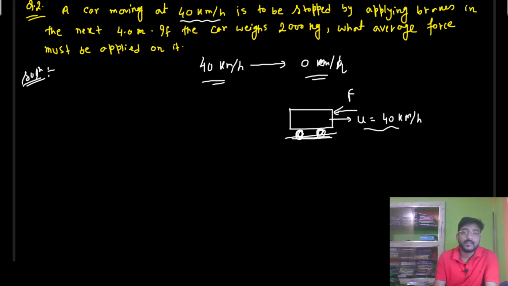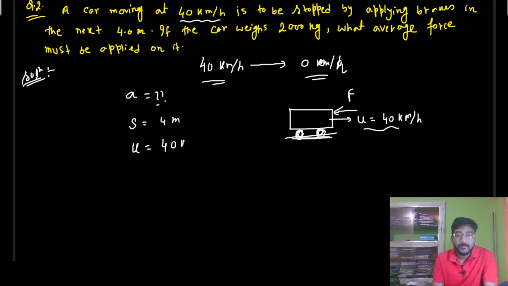So let the deceleration be a, and we need the relation between acceleration, velocity, and distance. The distance is also given. We have to find a, and the distance is given as s equal to 4 meter, and we know the initial velocity also, that is 40 km per hour.